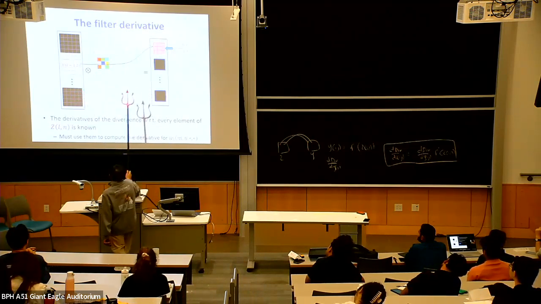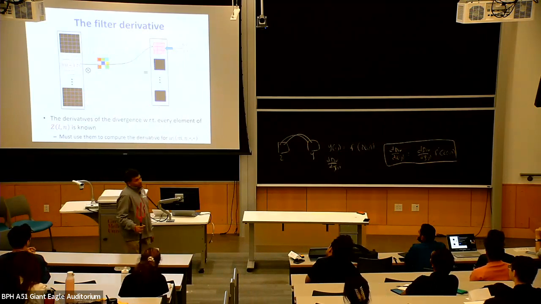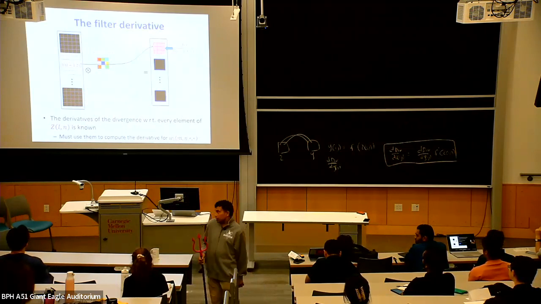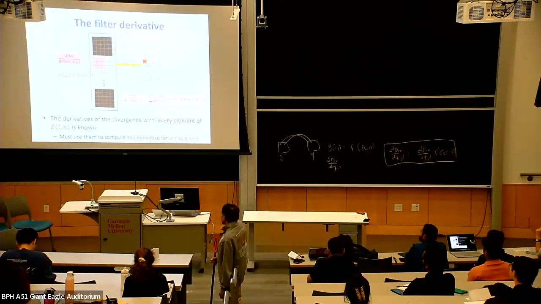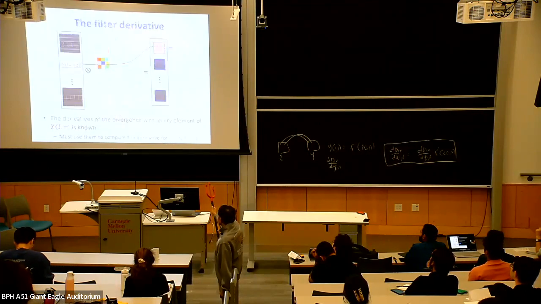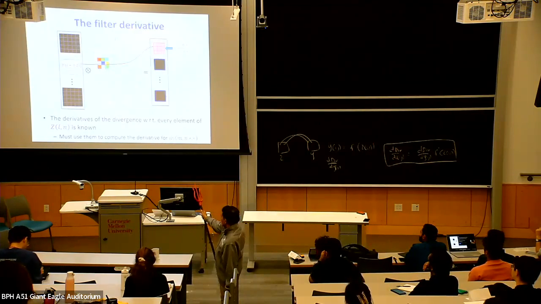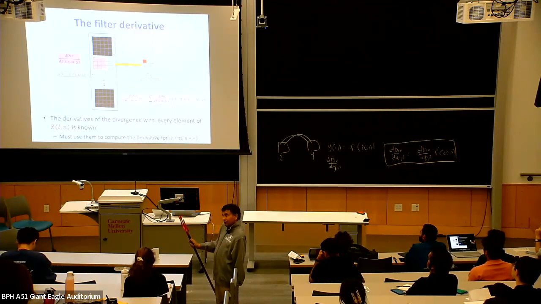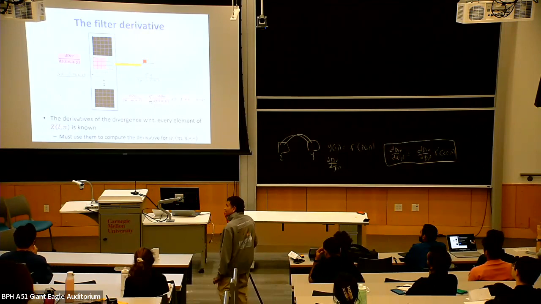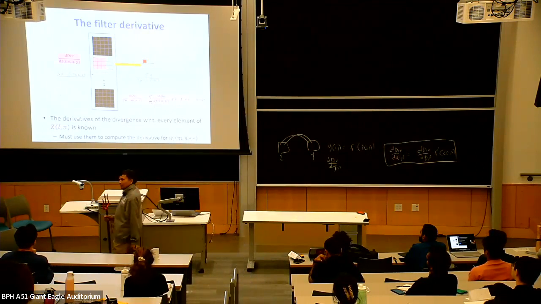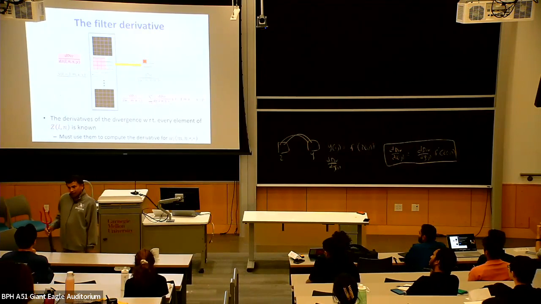I already have the derivative of the divergence with respect to the output map. To compute the derivative with respect to the filter, I place that output derivative map at the 0,0 element of the input map, not the derivative of the input map, but the input map Y itself, and then perform a component-wise multiply and a sum.